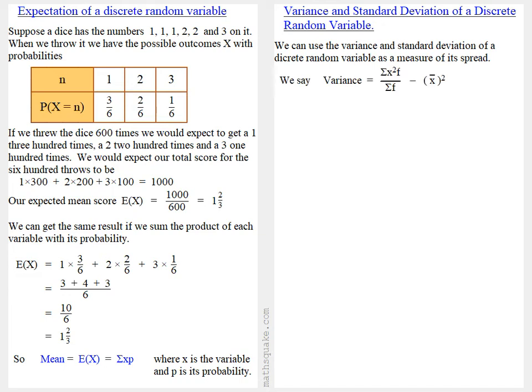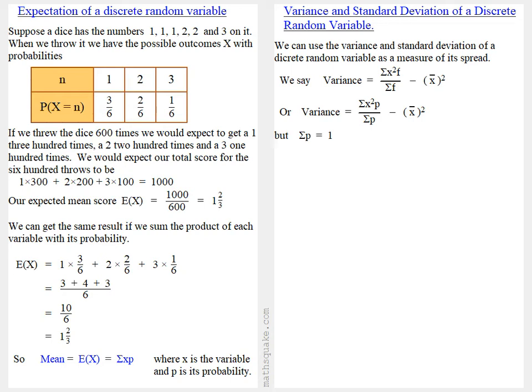Now, if we have some general group data, we can say the variance is equal to the sum of the x squareds times their frequency over the sum of the frequencies minus the mean squared. So the variance for a discrete random variable can be written as the sum of the x squareds times their probability over the sum of the probabilities minus the mean squared.